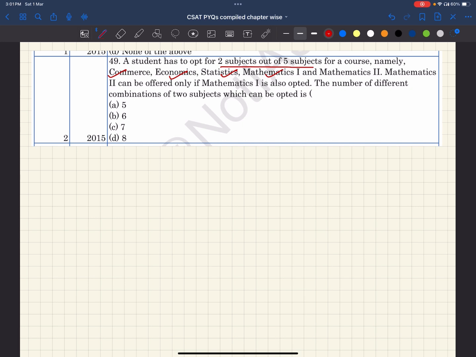The number of different combinations of subjects which can be opted is? What is given? 5 subjects, that is commerce, economics, statistics, M1 and M2. M2 is offered only when we take M1 combinedly.